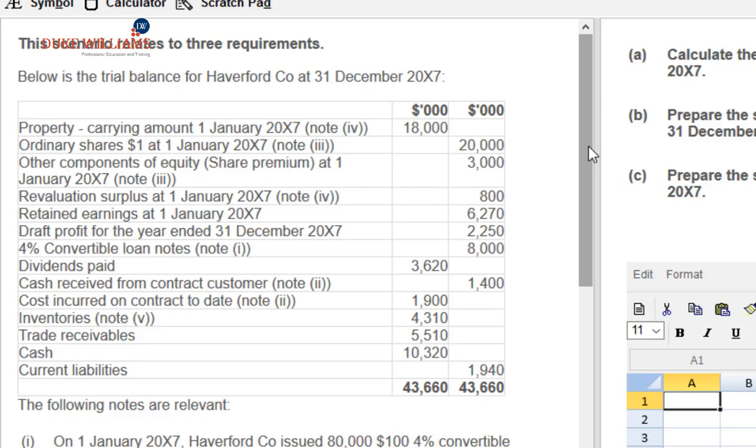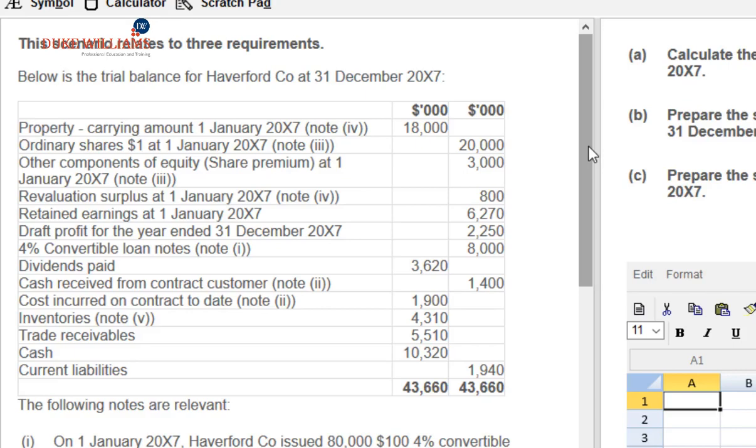So below is the trial balance for Haverfordco at the 31st December X7, and the trial balance is in thousands of dollars. We have the property at current amount 1st January X7, ordinary shares at 1st January X7, other components of equity also at 1st January X7.